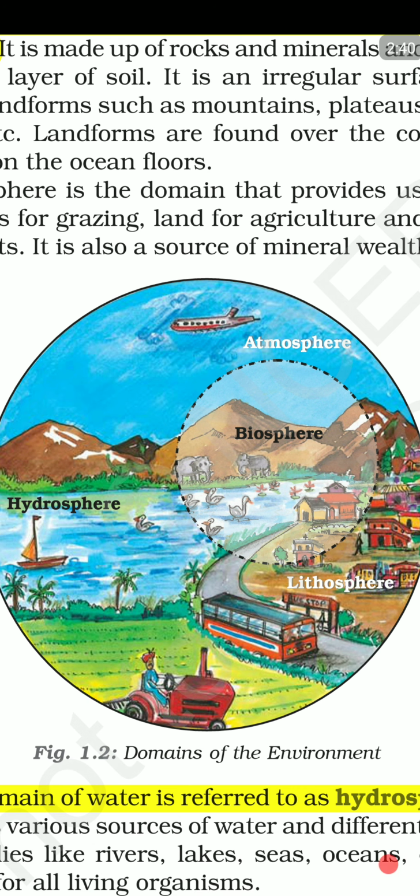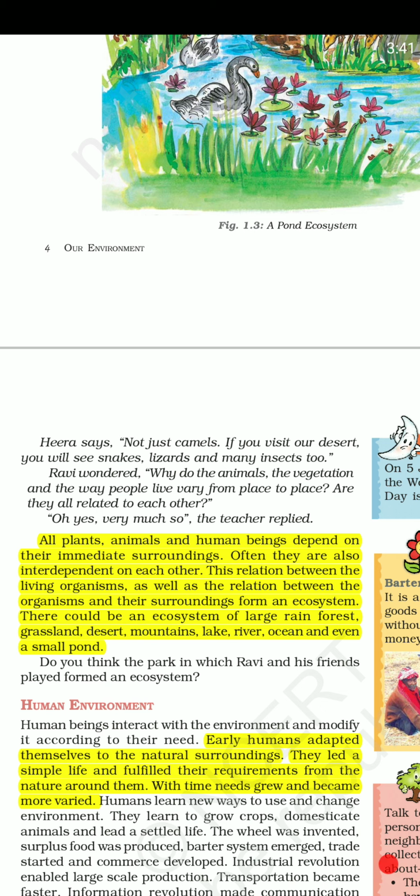Now, ecosystem is, it's written here, all plants, animals, and human beings depend on their immediate surroundings. Often there is also interdependence on each other, right? If we talk about the coral reefs, the fish live inside the coral mounds. The coral mounds protect the fish.